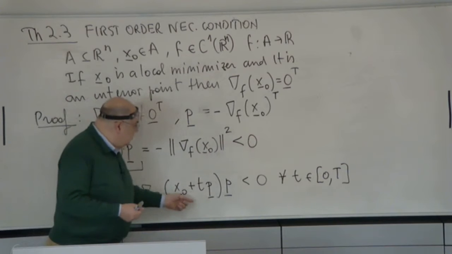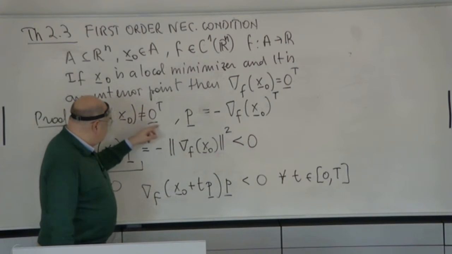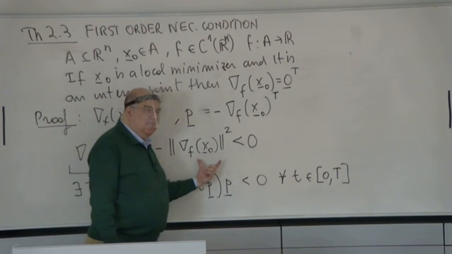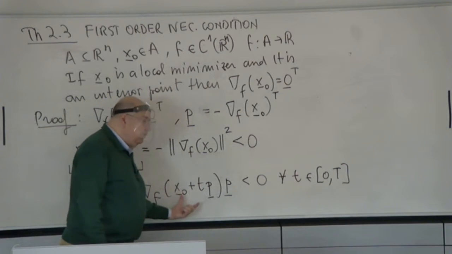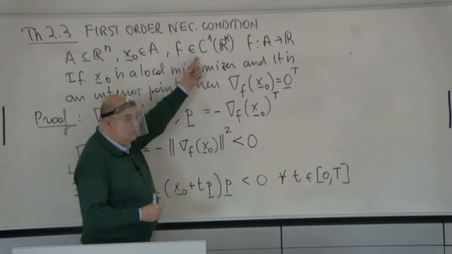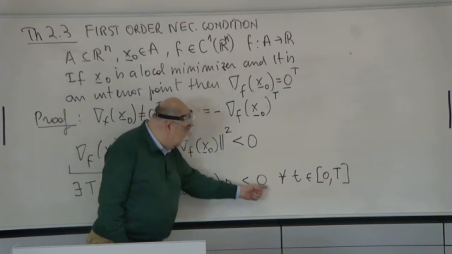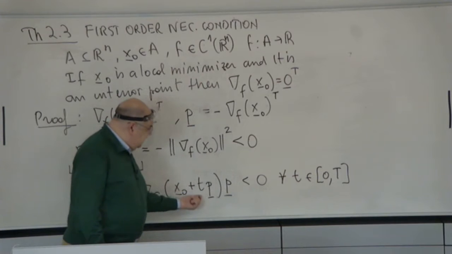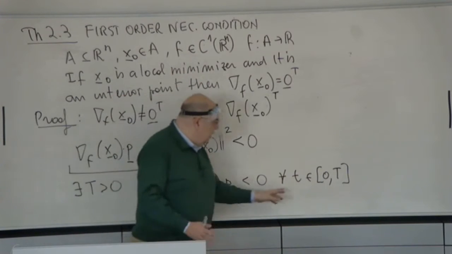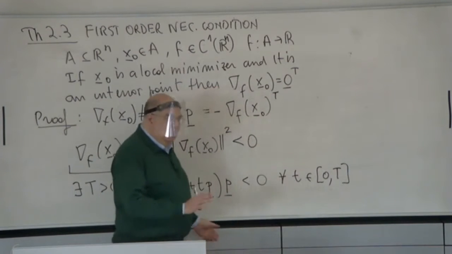Since the gradient is continuous and non-zero, it must remain non-zero if you move slightly from the point, because of the continuity. It is negative at t equals 0, and it is negative for some small t. We don't know how small, but we know that there exists a capital T such that this is true.